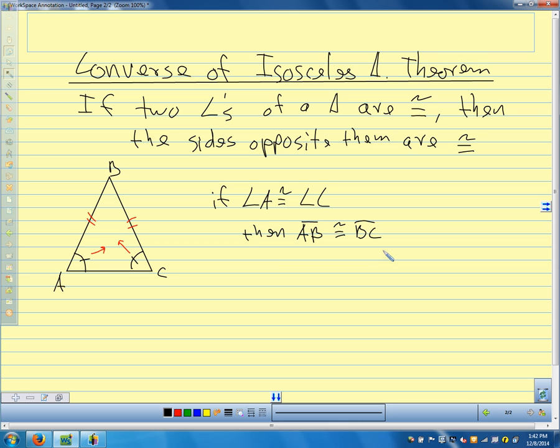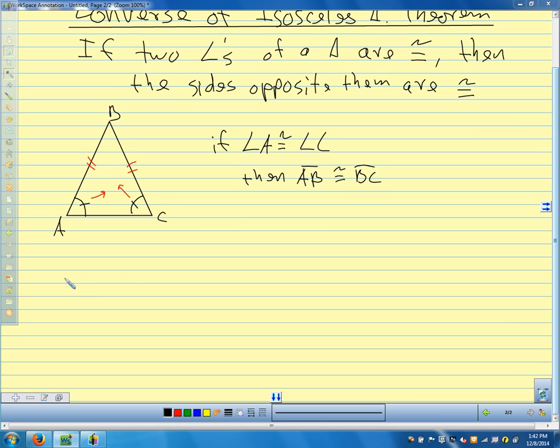Now there are a couple of things we can figure out very easily from these theorems. In math, we call something that we can figure out easily from a theorem a corollary. So a corollary is just something else we can figure out, kind of additional information.